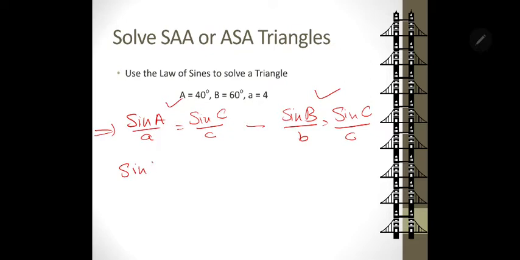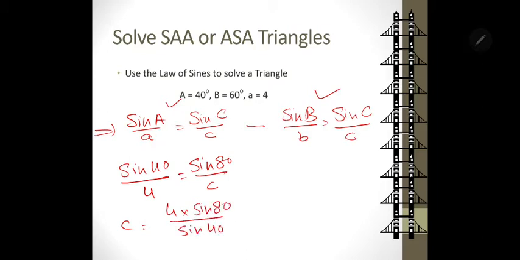So sine of 40 divided by 4 equals sine, we found out angle C, which was 80 degrees, divided by C. Once again, the cross multiplication will give us C equals 4 times sine 80 divided by sine 40.